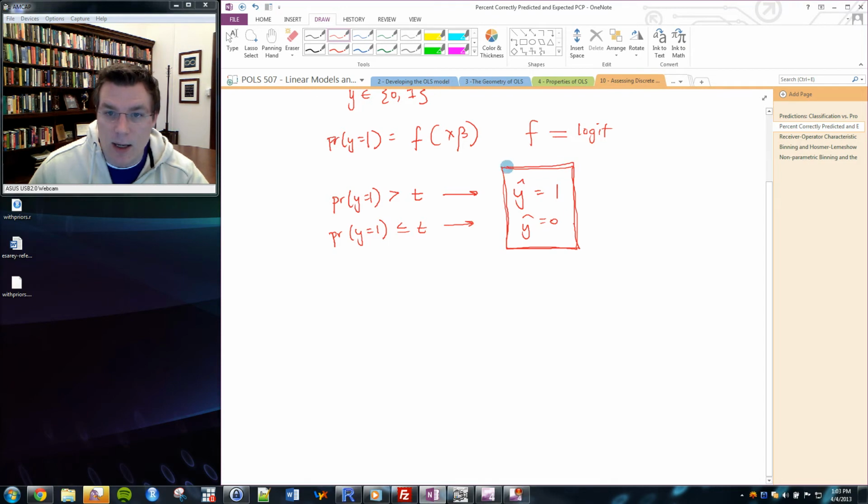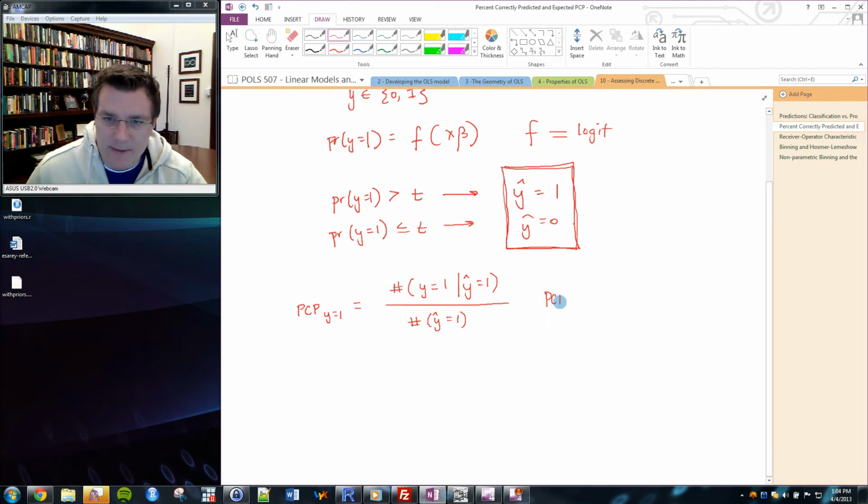We can do them combined, or we can do them separately. So if we're going to do them separately, we say just what's the number of observations for which y equals 1, given that we said it was going to be 1, divided by the total number of observations for which we said there was going to be a 1. So this is the percent correctly predicted for 1 cases.